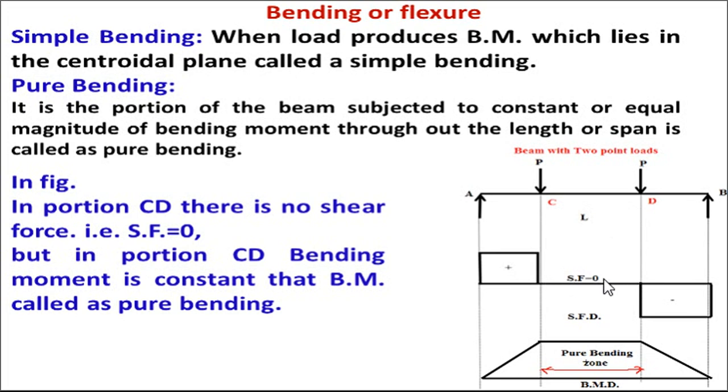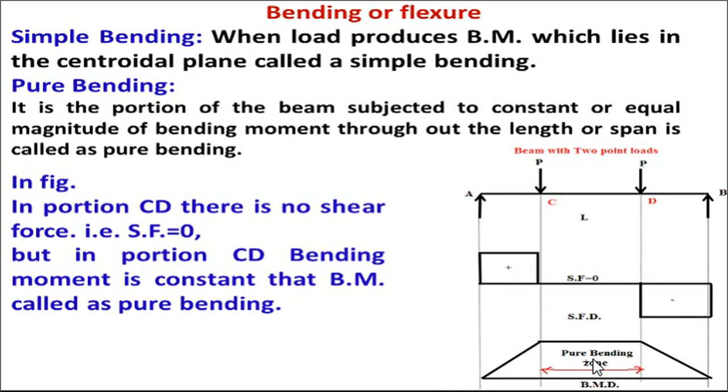When shear force is zero, we know that bending moment is constant. So here you can observe the SF is zero. In this particular portion CD, bending moment is constant, same or equal, from C to D. So this particular portion is called pure bending.